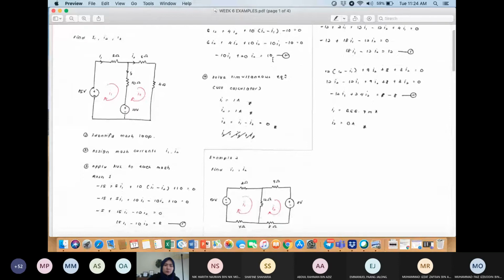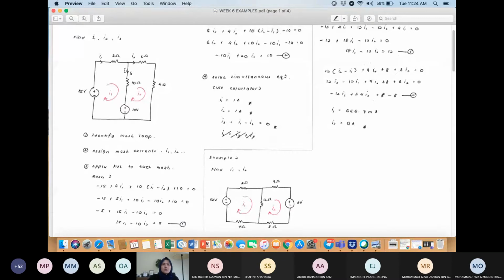So you have two equations and two unknowns, I1 and I2. If you use your calculator directly, you will get I1 equals 1 ampere and I2 equals 1 ampere. However, the question also asks you to calculate I3. I3 is over here.